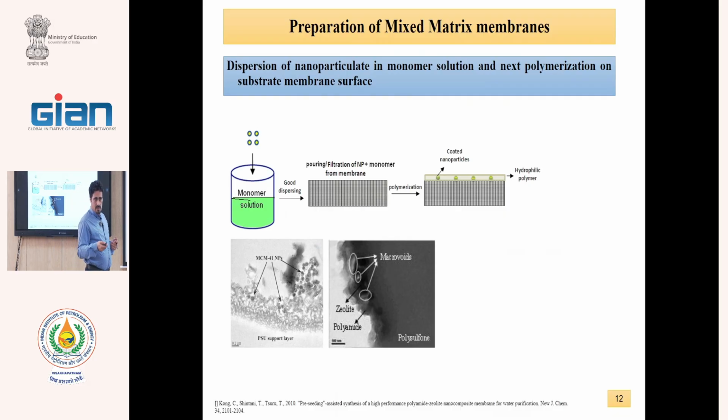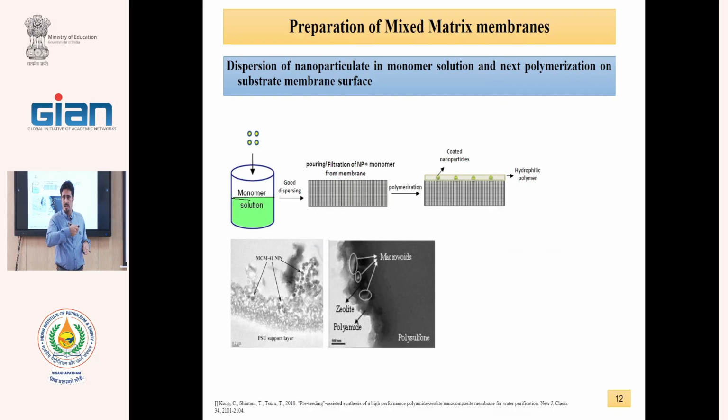Usually chitosan, PVA, and polyacrylic acid are used as a hydrophilic layer. But the coating of this layer increases the thickness of the membrane, reduces the membrane flux, and coats the surface of the nanoparticles.